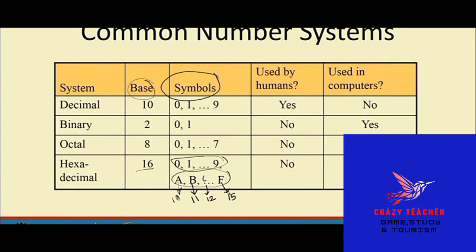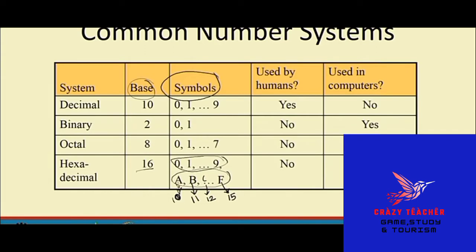Instead of A, B, C, D, I could use some other notation, like alpha, beta, gamma, delta. There is nothing wrong in using different notations for these symbols. But what is required is that you tell what the corresponding integer value for each symbol is. Otherwise, you will not be able to represent some quantity in that number system.